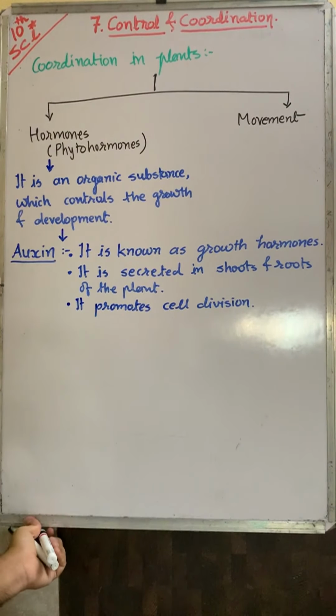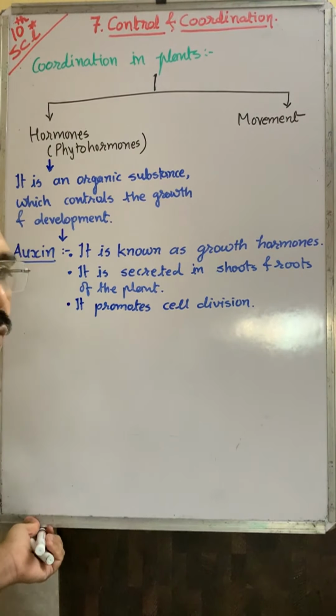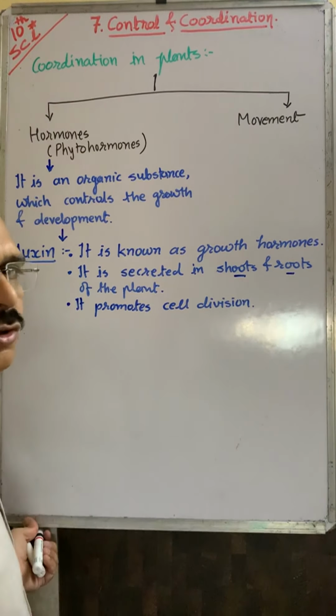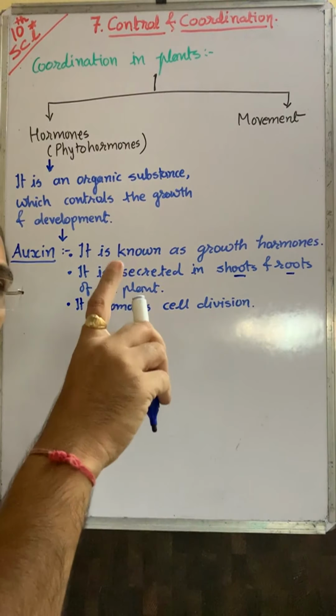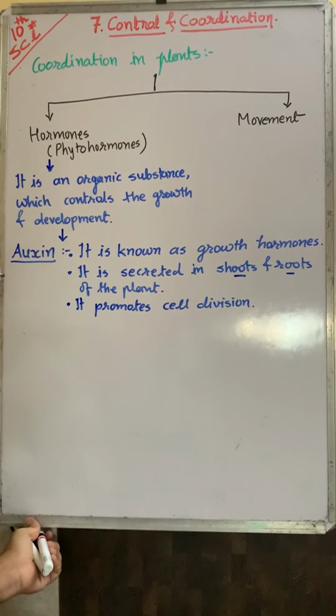When it promotes cell division, means cell division starts. If cell division starts, 1 into 2, 2 into 4, 4 into 8 and so on, after that we say that growth starts. Growth is always in shoot and roots. Shoot means tip of the plant moves up and roots move down towards the earth in search of water.